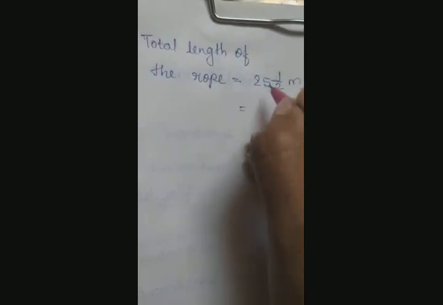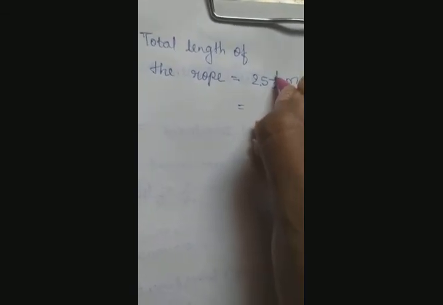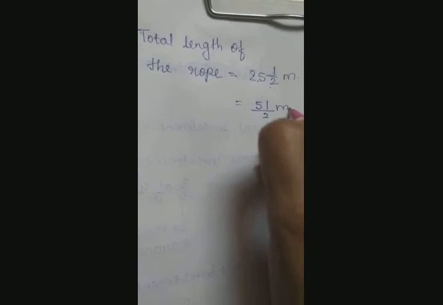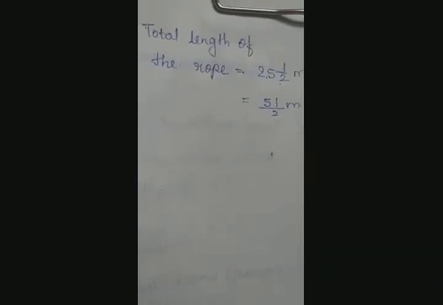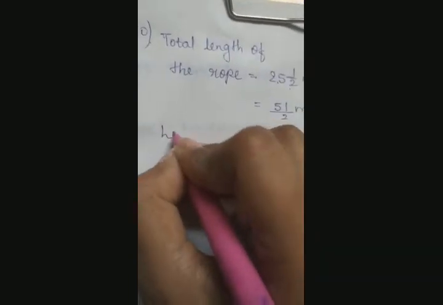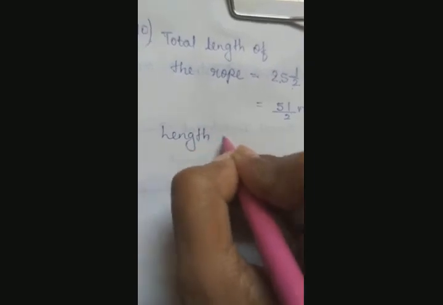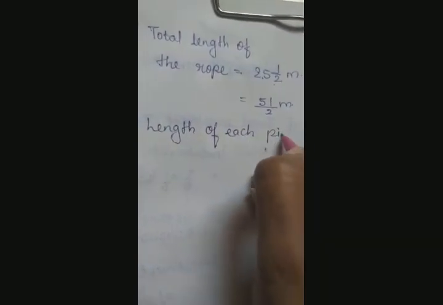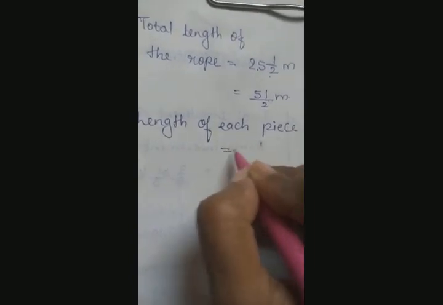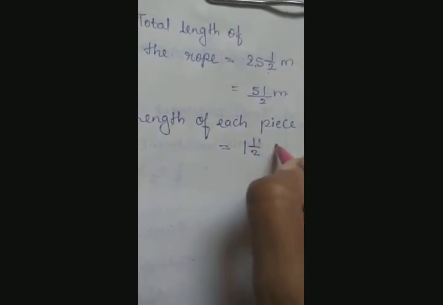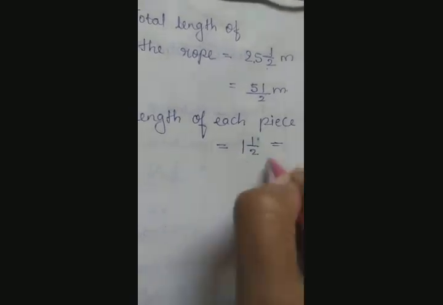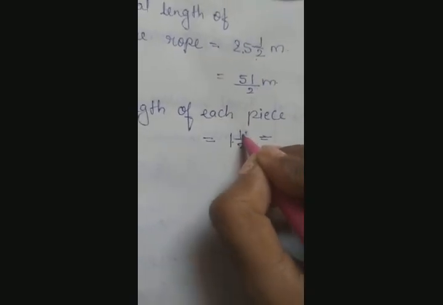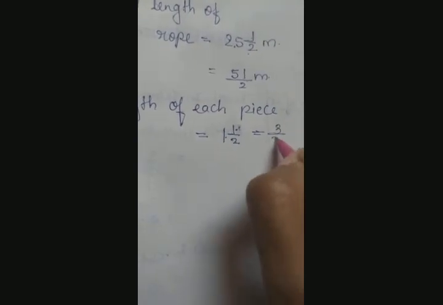So 25 2s are 50 plus 1, 51 by 2 meter long. Length of each piece is equal to 1 1 by 2. So this also is a mixed fraction, convert into improper. 2 1s are 2, 2 plus 1 is 3, 3 by 2 meter.